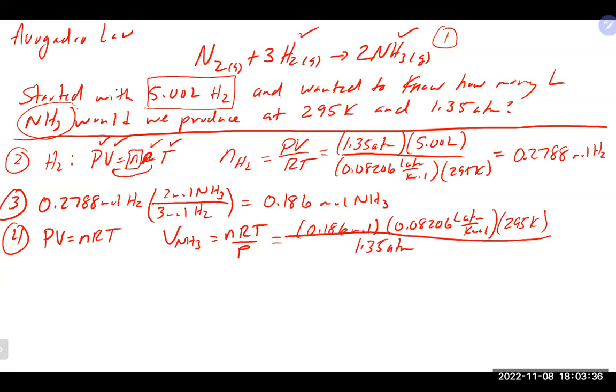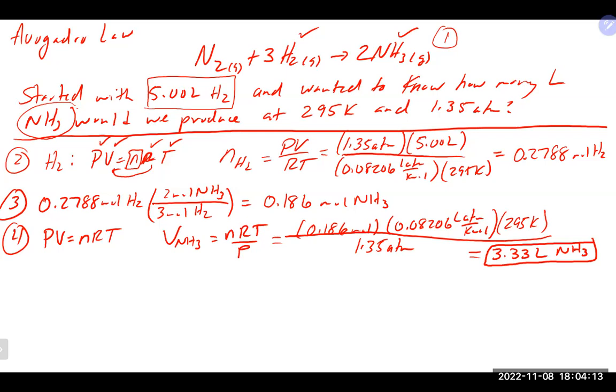So taking 0.08206 times the 295 divided by 1.35, going to get us about 3.33 liters of NH3. So this is an example where we could use the ideal gas law up front to figure out moles, and then we could also use it on the back end of the calculation to figure out volume. First off, any question on doing it that way there?